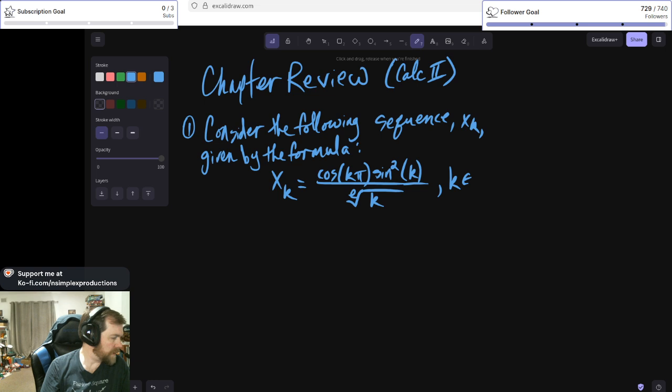K is going to be every integer greater than or equal to 1, so this is going to be the positive integers. If this sequence converges, what is its limit? And it gives me 5 answers, which are all numbers.